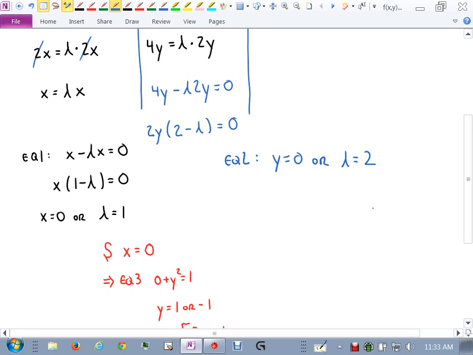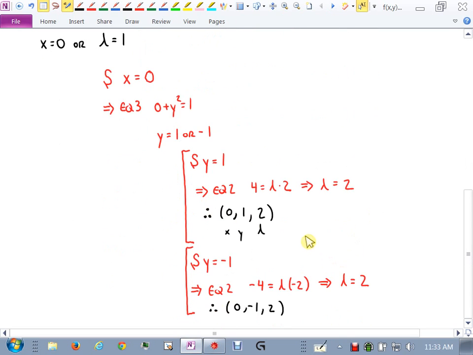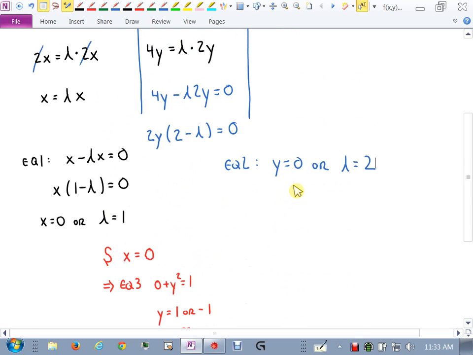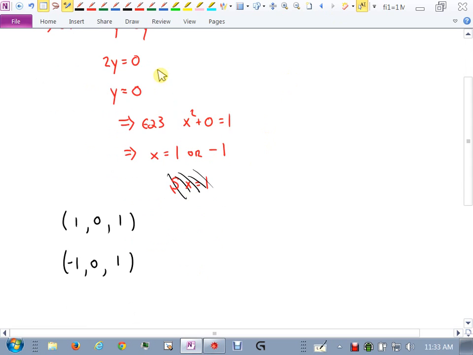But look at this right here, what we got earlier. Isn't lambda 2 here? We already know what happens when lambda is 2, right? And what about y being 0? That's what happened here. And so we got y was 0. But we still have to check it.